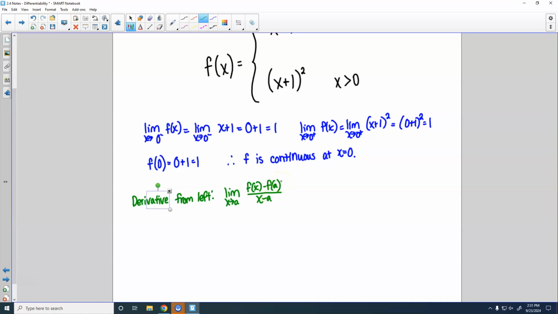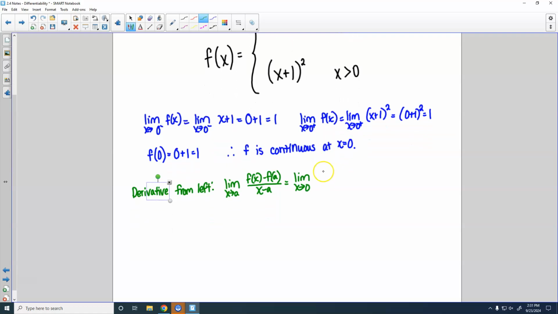You don't necessarily have to write it down, but I find the more times I write it down, the less likely I am to forget it come quiz or test time, so I'm going to write it down every time. And so, in this case, 0 is my a, so I'm doing the limit as x approaches 0 of f of x is just x plus 1 minus what is f of 0? 1, all over x minus 0.